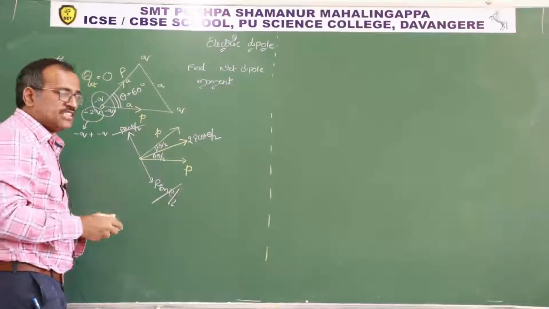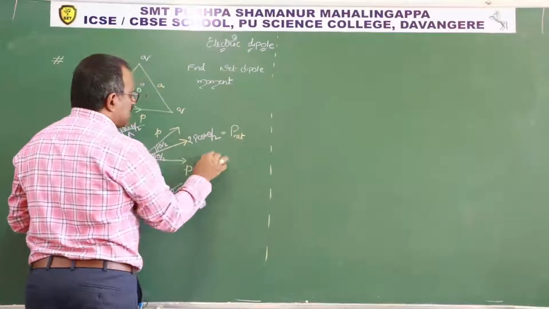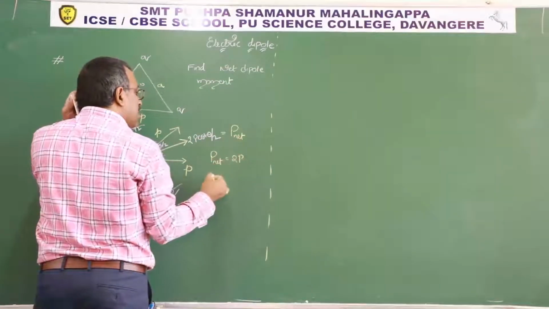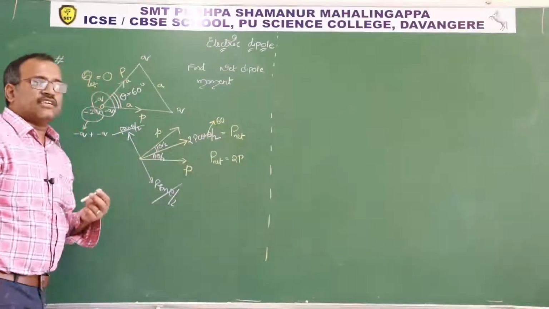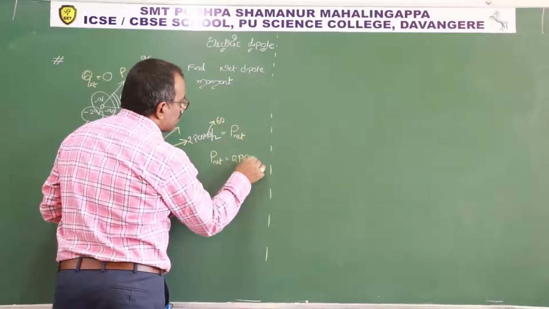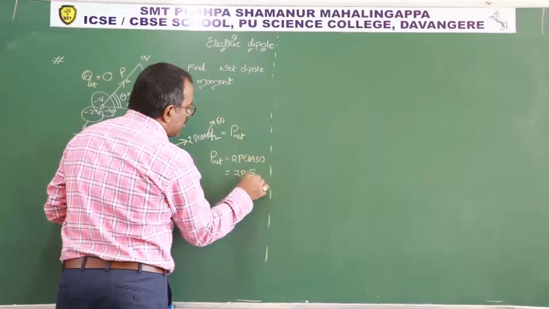Hence, the final answer, P net, is equal to 2P cos theta by 2, where theta is 60, so 2P cos 30. Cos 30 is root 3 upon 2.